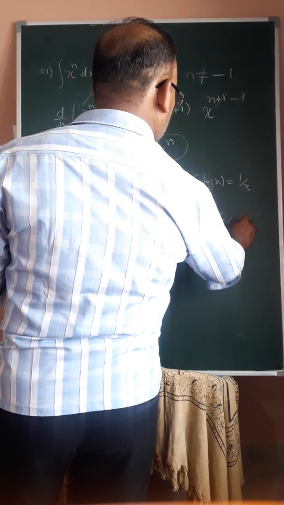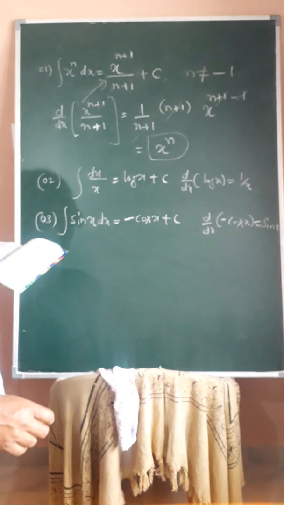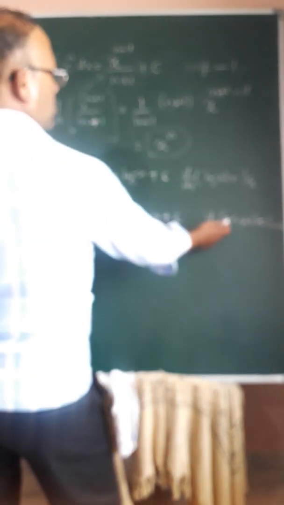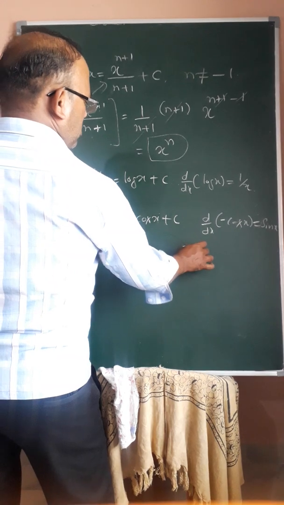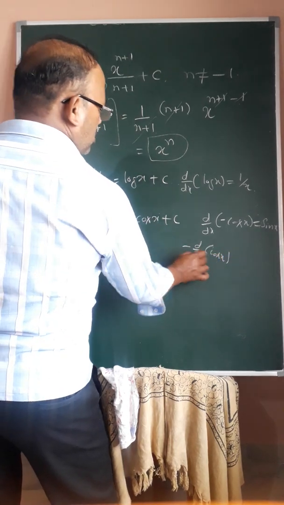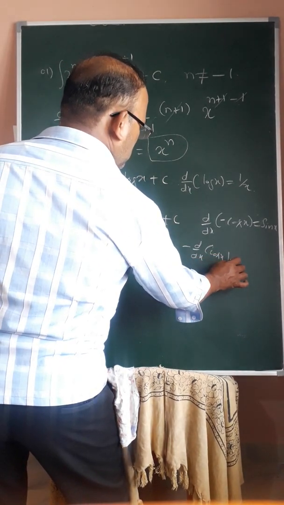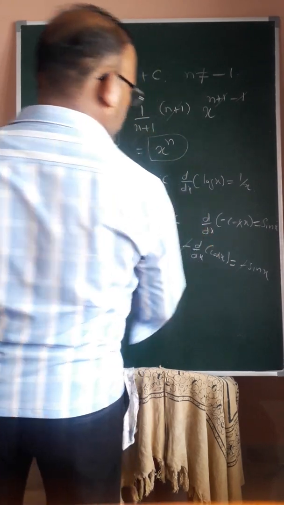If you differentiate this, minus cos x, the derivative of minus cos x is sin x. If you take the differentiation, minus into d by dx of cos x, the derivative of cos x is minus sin x. Minus minus will get cancelled.